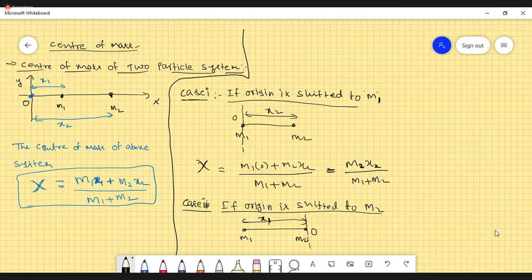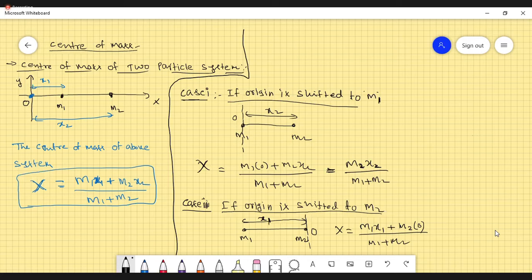Now from this center of mass, x equals to what? m1 into x1 plus m2 into x2 divided by m1 plus m2.